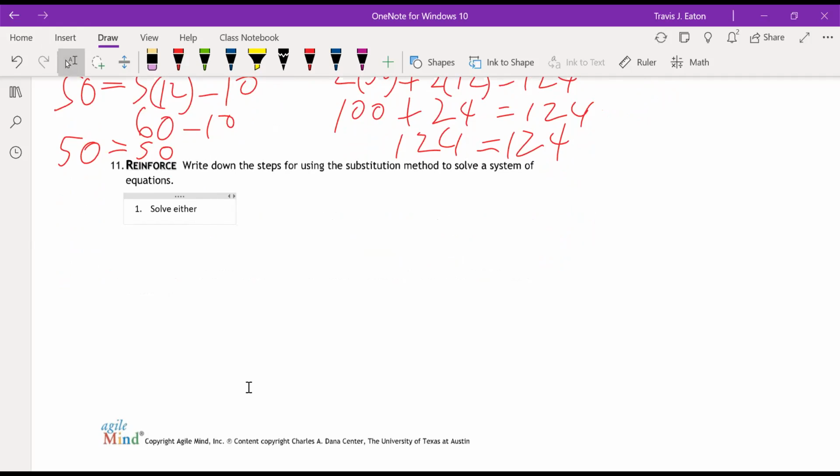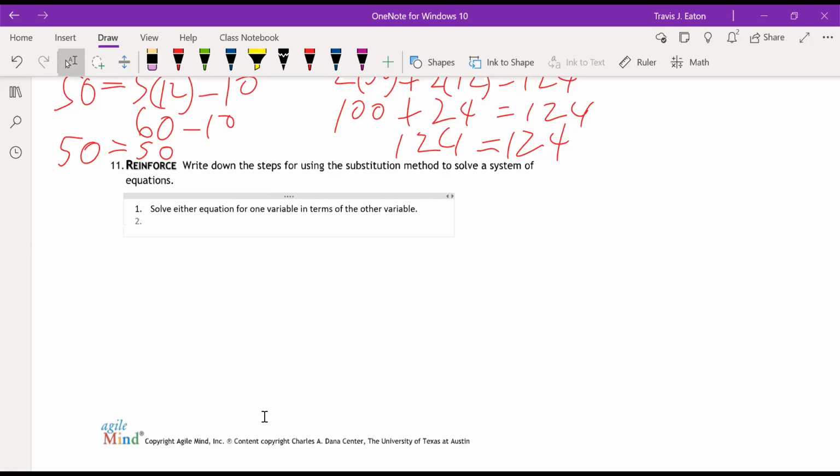You're going to solve either equation for one variable in terms of the other variable. Now that seems weird, but with practice, it gets easier. So if you've got something like what we had before where it said L equals 5W minus 10, well, in the other equation, all we had to do was substitute that 5W minus 10 any place that we saw L. That's why it's called the substitution method.